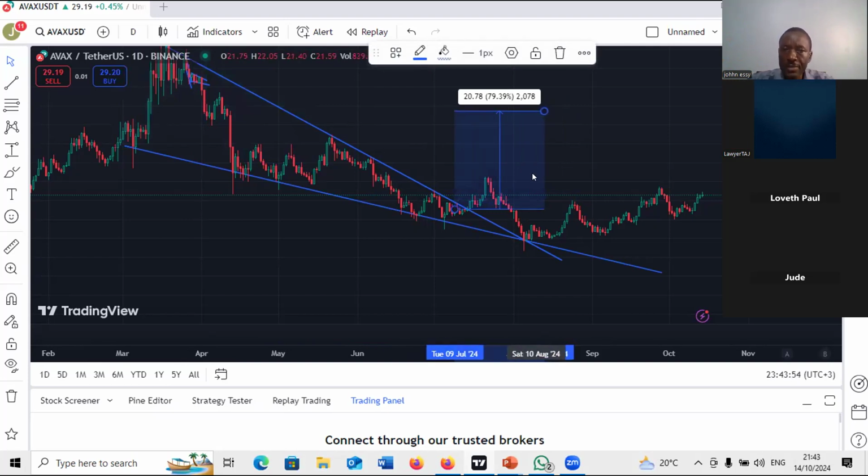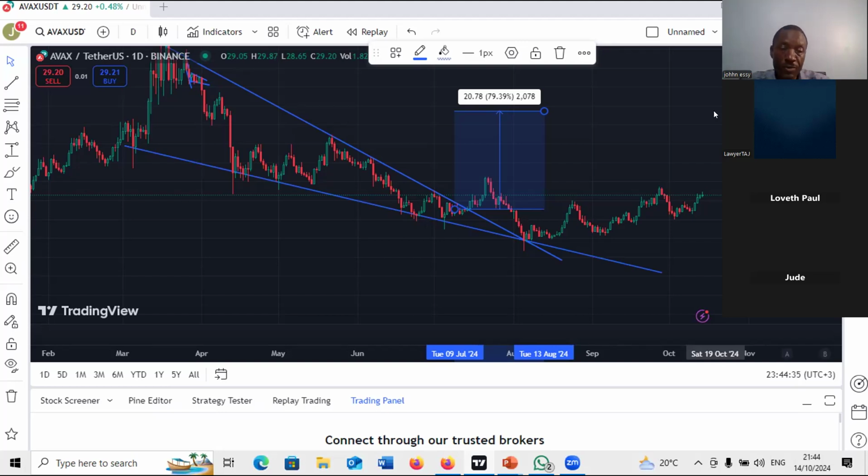So from here, since I'm doing daily trading, I expect this candle to give me about 79.39% as it moves up. And when you look at this, already it has done some percentage here, and it's continuing to move up. Since it is a daily candle, it may not do it today, but it will do it as we move, maybe in a week's time or a month's time, and you'll find it being up there, okay?